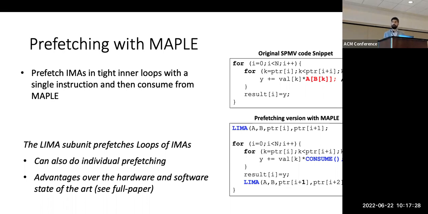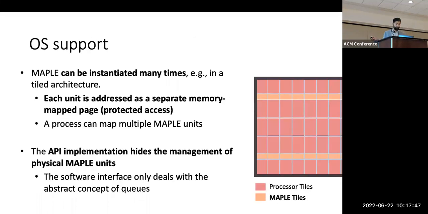This has several advantages over software prefetching, such that we don't pollute the L1 cache as the data is loaded non-cacheable from Maple. And it's also never evicted from the queue since it's living there. There are other advantages that we mentioned in the paper.